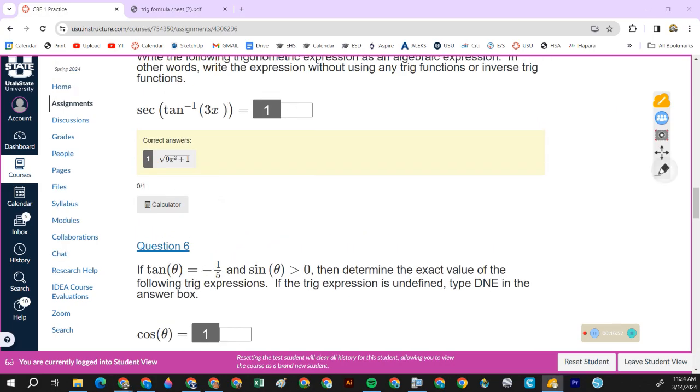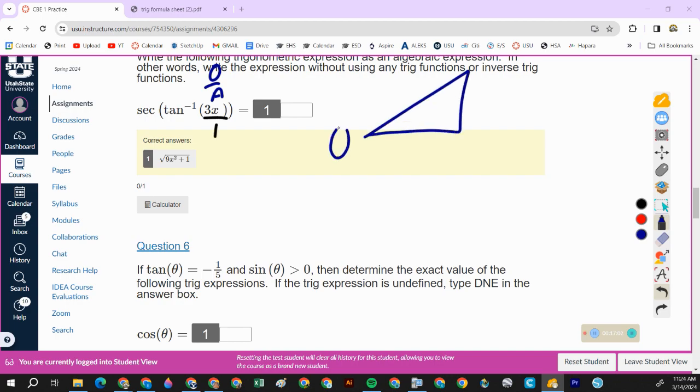Okay. So tangent is O over A. I need to build a triangle where O is 3x and A is 1. So draw a triangle, label theta. So O is 3x and A is 1. So what is H? 1 squared plus 3x squared equals H squared.